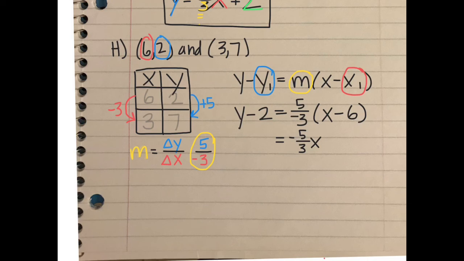So I'm going to do a little fraction math. I'm going to go down below my slope work, and I'm going to take negative 5 thirds. Again, it doesn't matter where my negative goes, but it has to be there, times negative 6 over 1. So I start with my numerators. Negative 5 times negative 6 is positive 30. 3 times 1 is 3.